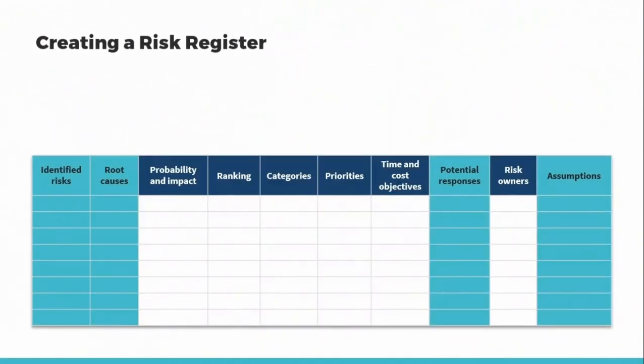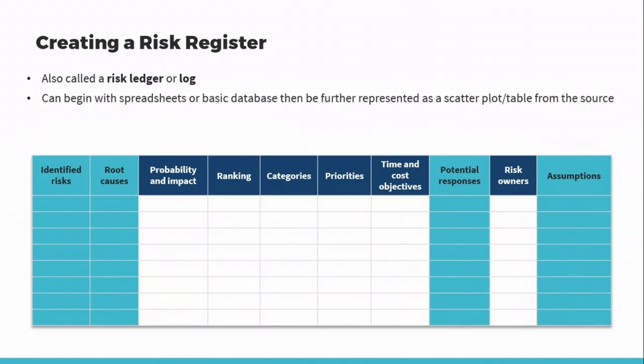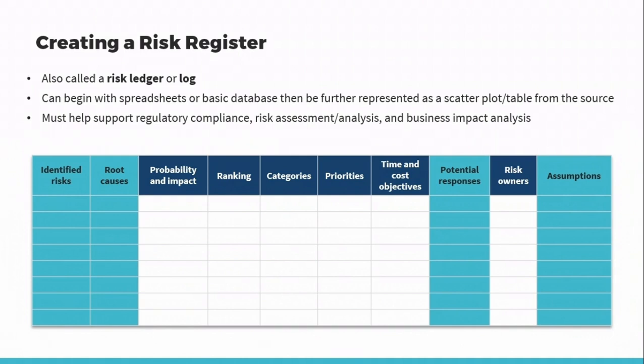It's very common for organizations, especially small to medium-sized businesses, to create a risk register, which could often be a spreadsheet with many tabs. This is also called a risk ledger or a log. The underlying spreadsheet can also be supported by a database, of course. And then it can be further represented, maybe using the R programming language, with scatter plots and tables from the source information. A risk register must help support regulatory compliance.